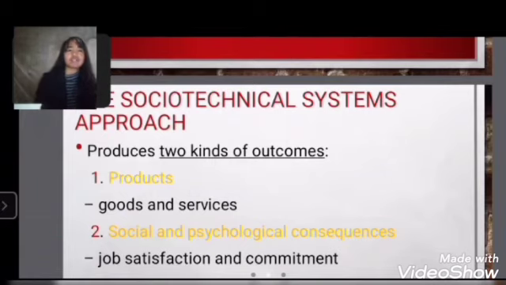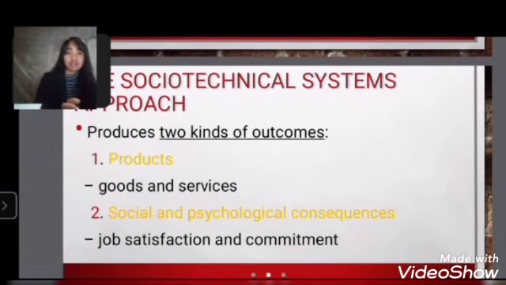One is the products, such as goods and services, and next is the social and psychological consequences, such as job satisfaction and commitment. Socio-technical practitioners design work and organizations so that the social and technical parts will work together, producing high levels of product and at the same time human satisfaction.